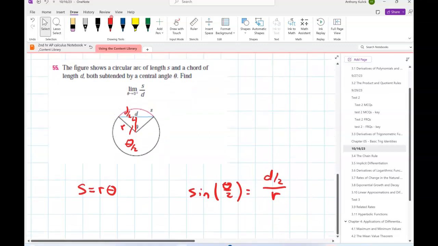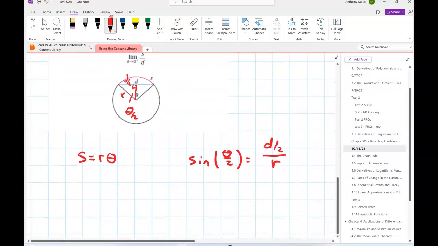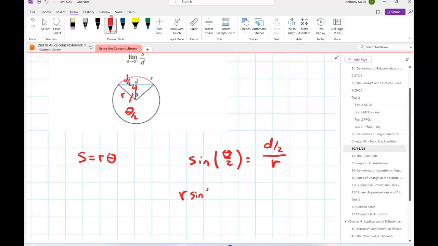Okay. So what I'm going to do now is get the d by itself. So I'll multiply r to both sides. And then I'll multiply the 2 to both sides. Good with that.